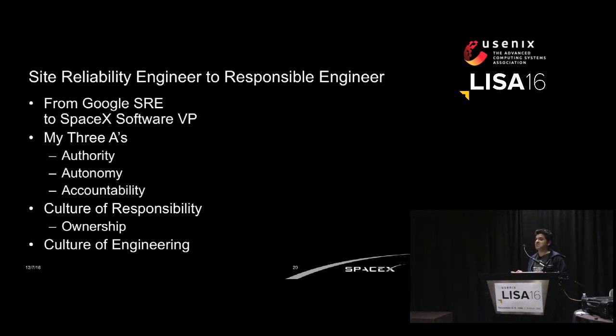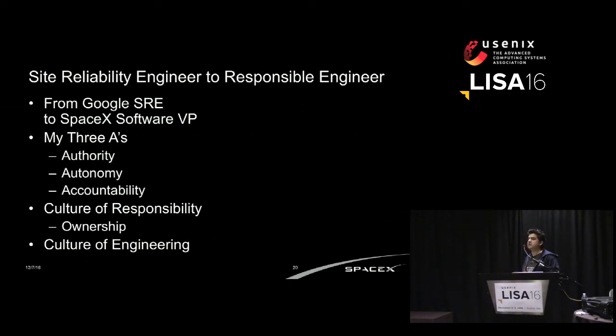It's probably not your fault, but people are coming to you for the answers and for remediation. So I try to leverage that accountability to gain some authority. If I'm going to be accountable for this problem, I need the authority to be able to change the outcome. And that's one of the things we were successful at doing at Google.